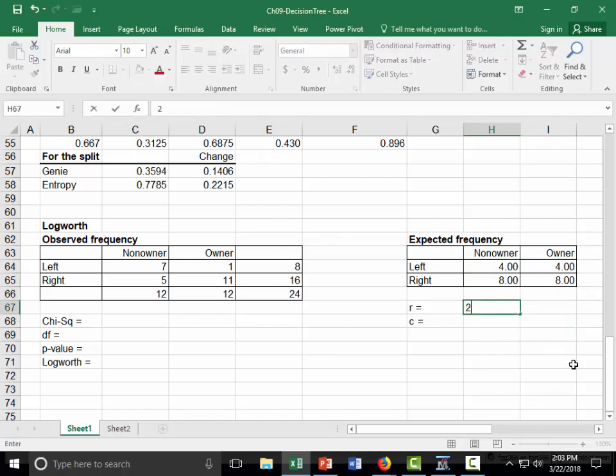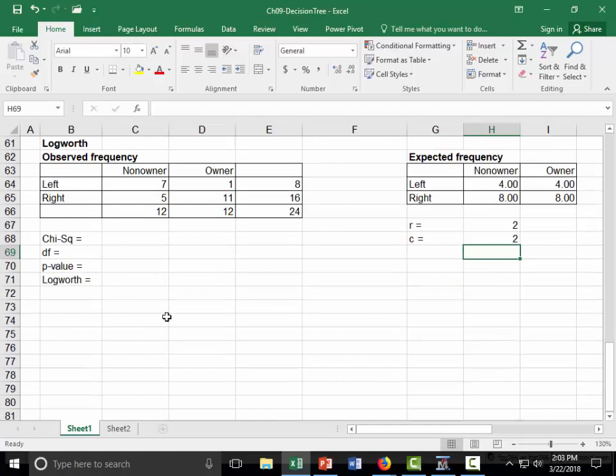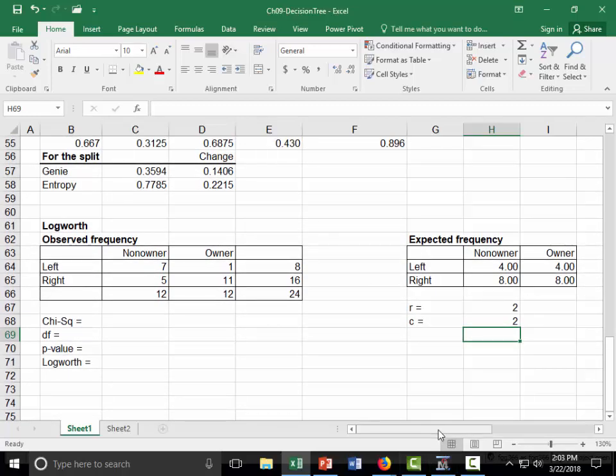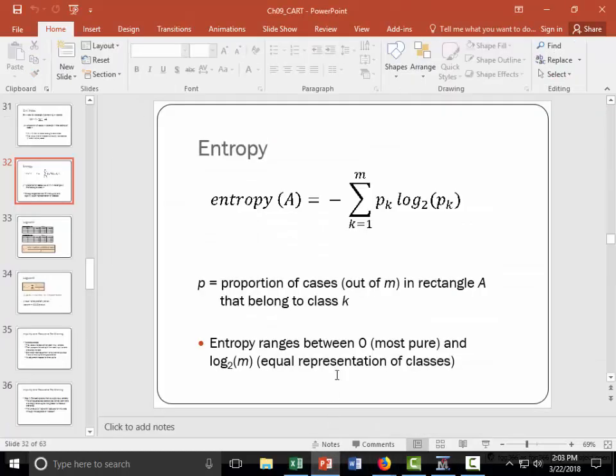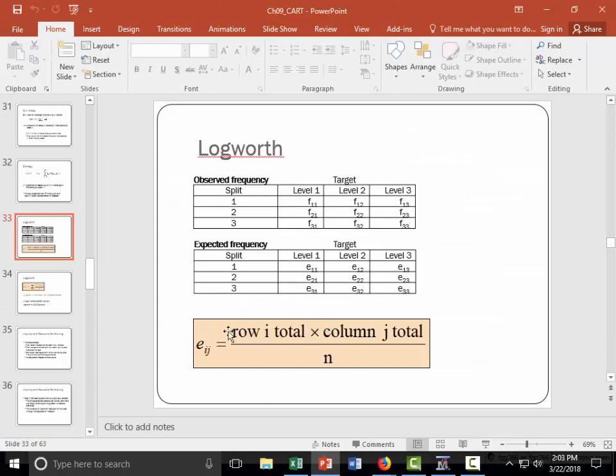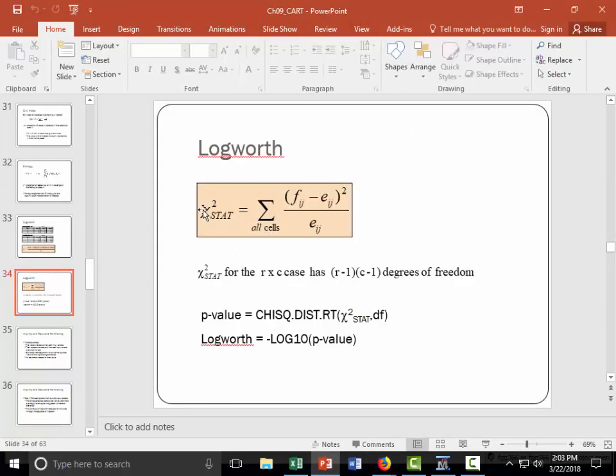So R is 2, C is 2. Now we need to compute chi-squared. Here is another set. The chi-squared formula is right here. That's our expected frequency, and the chi-squared statistic is the sum of the square of the difference between the observed and the expected frequency, divided by the expected frequency.